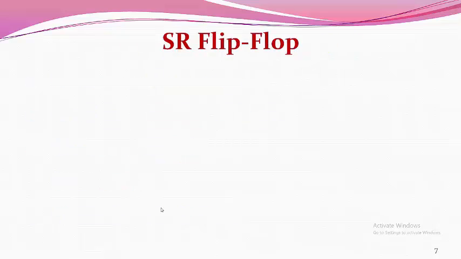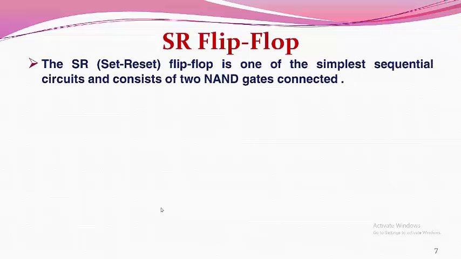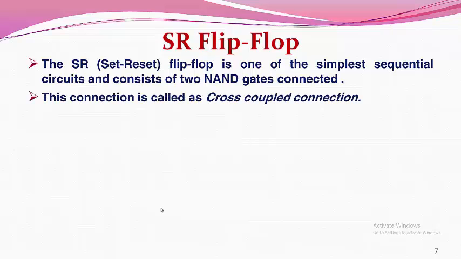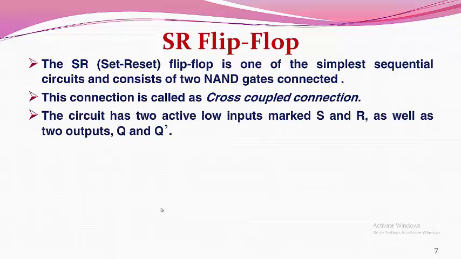Now we will see the first type of flip-flop, that is SR flip-flop. The SR flip-flop is one of the simplest sequential logic circuits, and it consists of two NAND gates connected, and the interconnection of these NAND gates is called a cross-coupled connection.